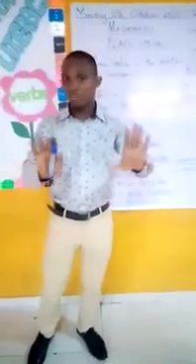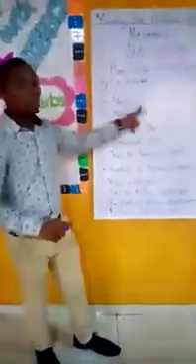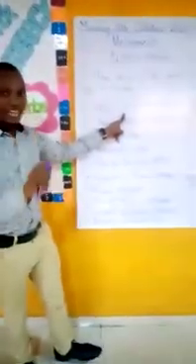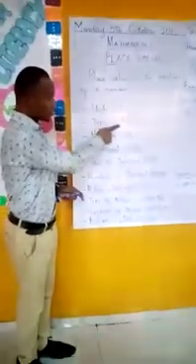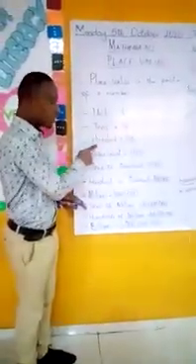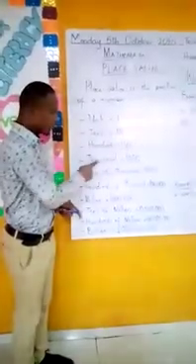Very good. Now, we have different place values with numbers. The first one is units. Unit has just one value, and that is 1. Tens, 1 and 0. Hundreds, 1 and 2 zeros.